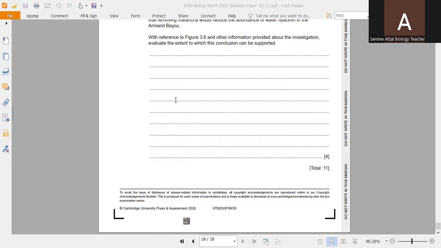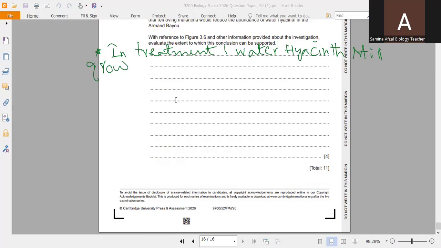So I would like to write: in treatment 1, water hyacinth still grew back to 1.9 meter squared, which is higher than the second treatment.